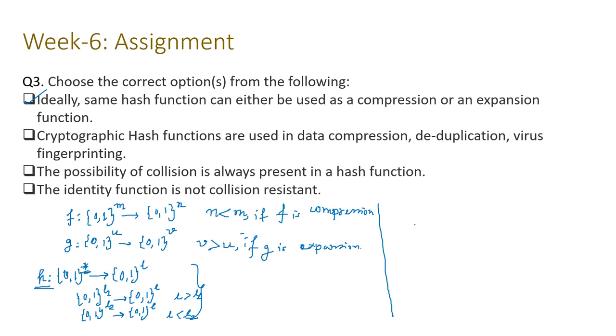Deduplication is also possible. Let's say in the cloud, user 1 uploads a file and user 2 also uploads the same file independently, but the cloud finds out that both users are trying to upload the same file. So what the cloud can do is keep only one copy of that file and give pointers to it to the two different users, so that it does not have to store the same file again and again, which would be a wastage of storage.